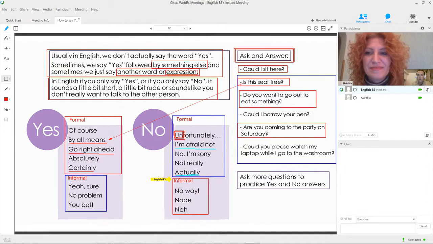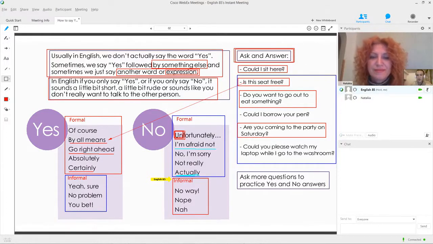Formal words we can use with colleagues and maybe people we don't know, strangers. But informal words we can use with friends and people we know very well. Maybe friends or family. Right. Okay. Very good.